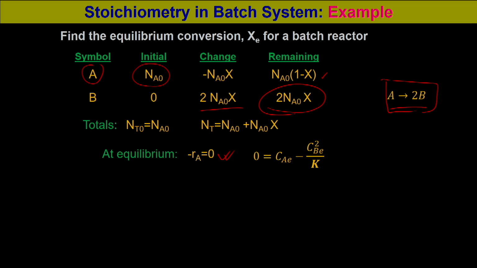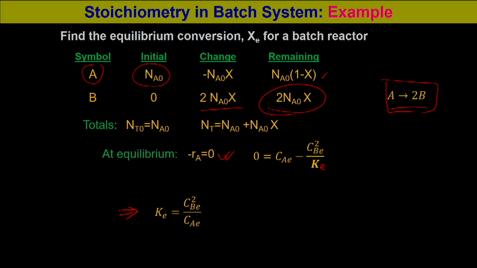So, this would be CBE square by K, and from here we can write Ke.